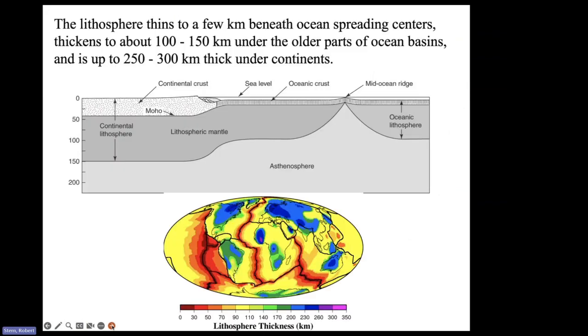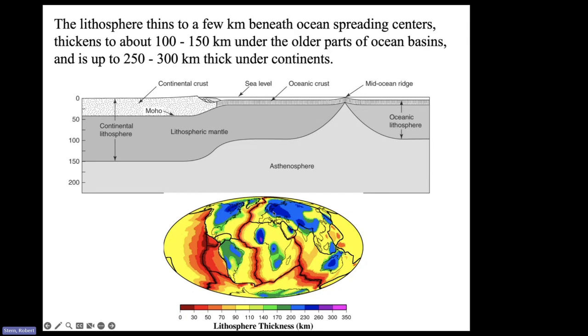Okay, so to look at this diagram from the perspective of this map, the lithosphere thins to very thin beneath the mid-ocean ridges. You see it here. Everywhere there's a mid-ocean ridge, you have very thin lithosphere, just like we see in this cartoon. Underneath the continents is where we have the thick lithosphere.